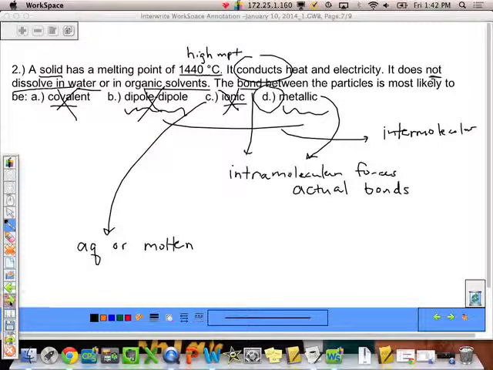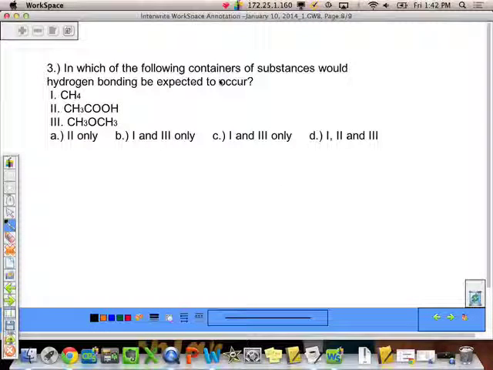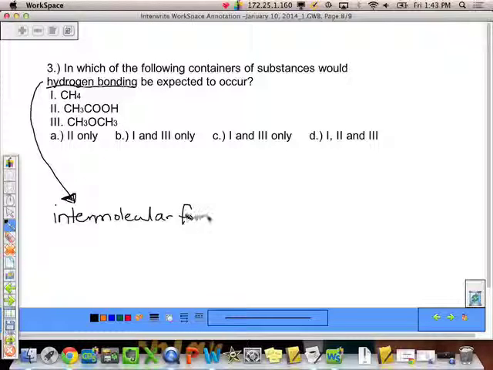Finally, question 3. We're looking for which one would include hydrogen bonding. Now remember that hydrogen bonding is not an actual bond, or not what we're talking about anyways. We're talking about the intermolecular forces holding bonded items together.